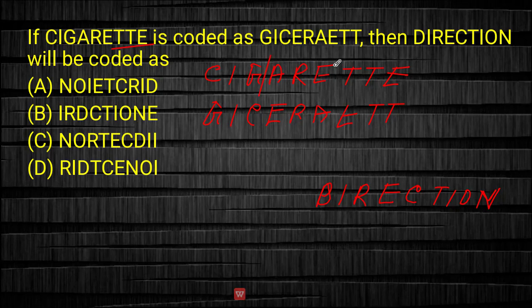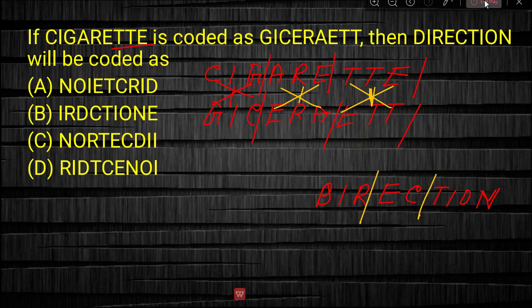So you can see there is a group of 3, and according to the group they have interchanged. So G, I, C, you can see, and here E, A and R are not changed, T, E and the middle T are not changed. So in that way we also have to divide direction into 3 parts.